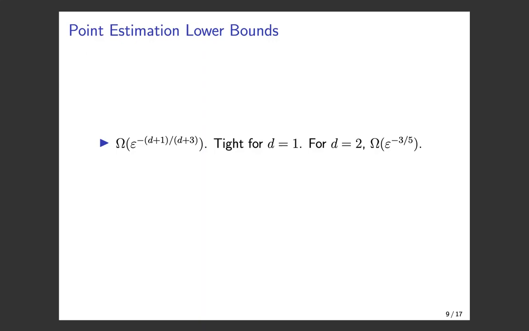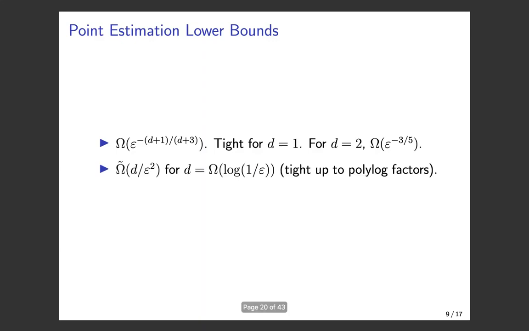And so we also complement this with a different lower bound, specifically for large d. So by large, we mean d being something like polylog n. And since you can think of n as something like polynomial in 1 over epsilon, this is like log 1 over epsilon.